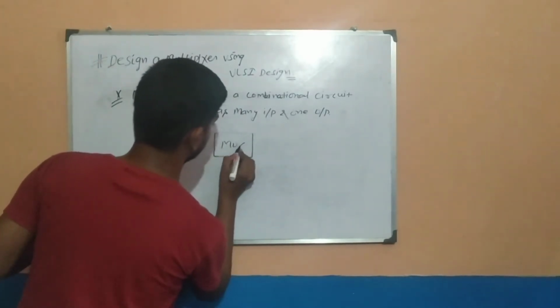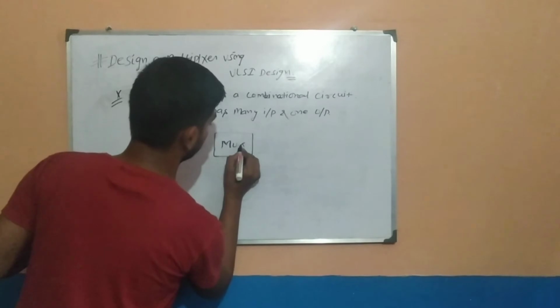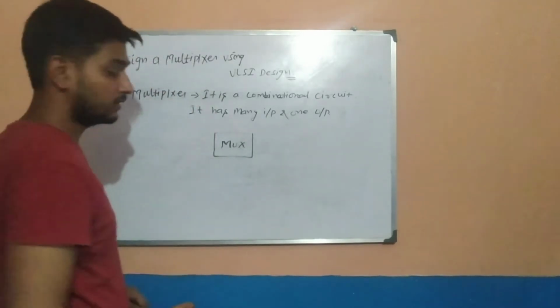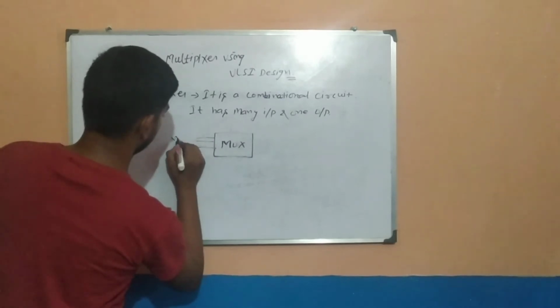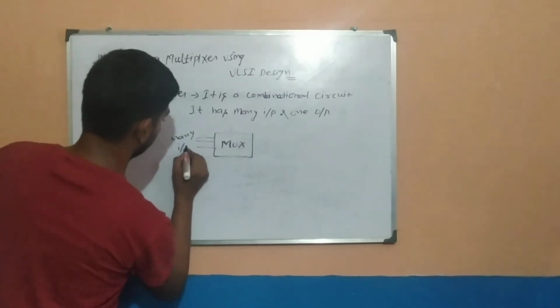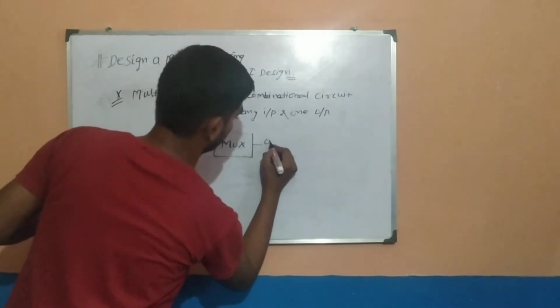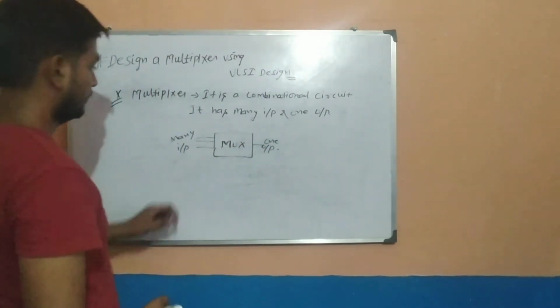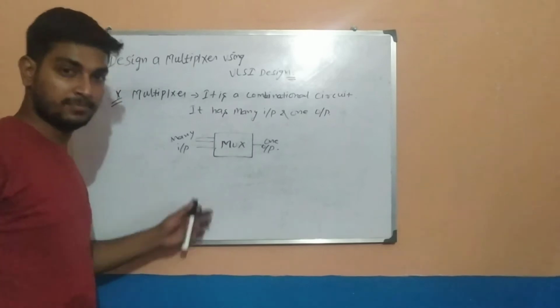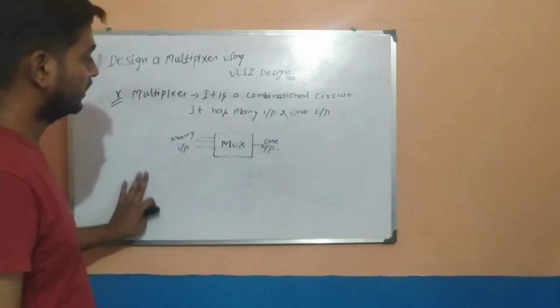This is a multiplexer. You represent a multiplexer by this MUX. It has many inputs and one output. So please write this down.